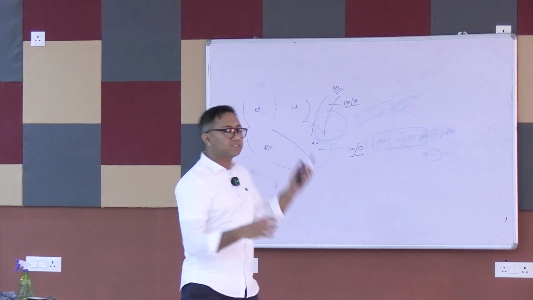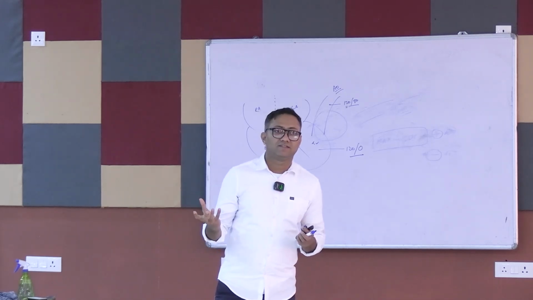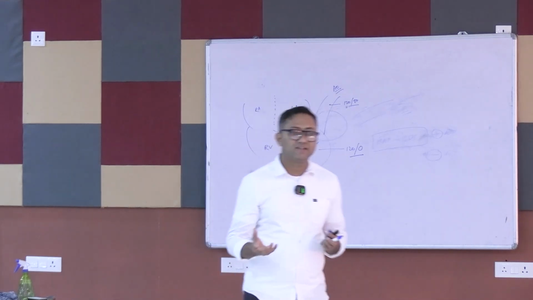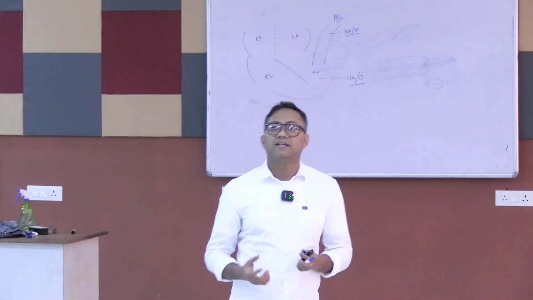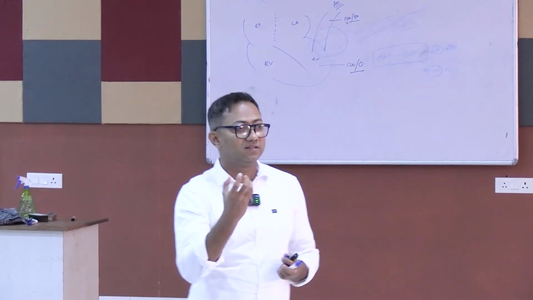Then why in aorta is the pressure 80? Why in aorta is the pressure 80? Because of elastic recoil, right, because of elastic recoil of your aorta. Your aorta is made up of elastic tissue, tunica adventitia, tunica media, tunica intima, you know, okay.